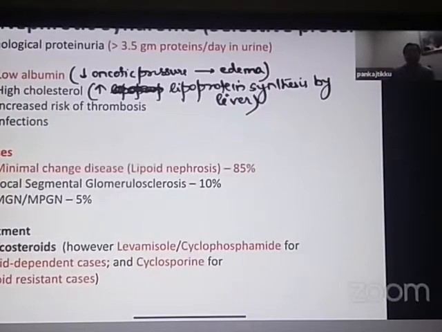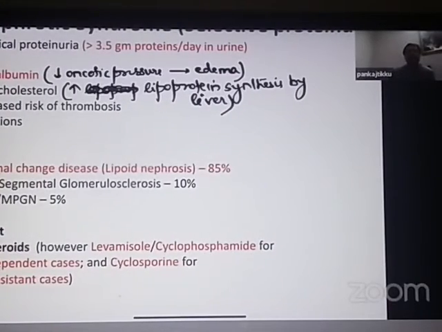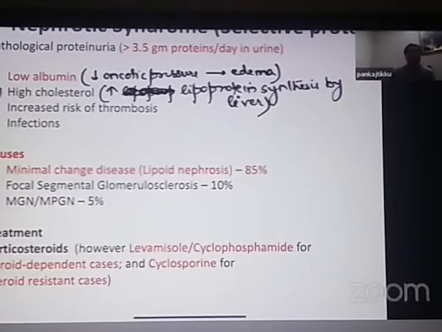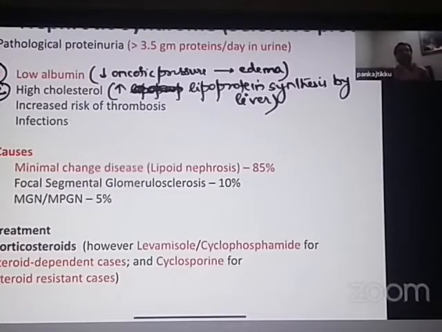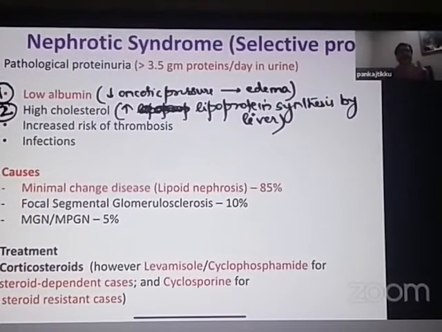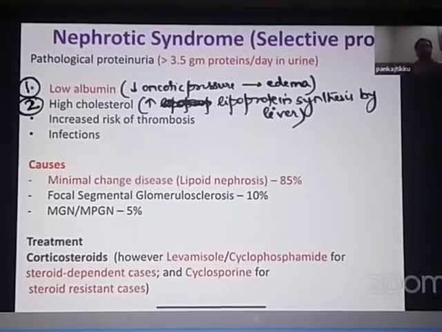So increased lipoprotein synthesis by the liver will lead to the development of high levels of cholesterol. So when proteins are lost, what does the liver try to do? It tries to increase the lipoprotein synthesis, which is known to be responsible for high cholesterol.